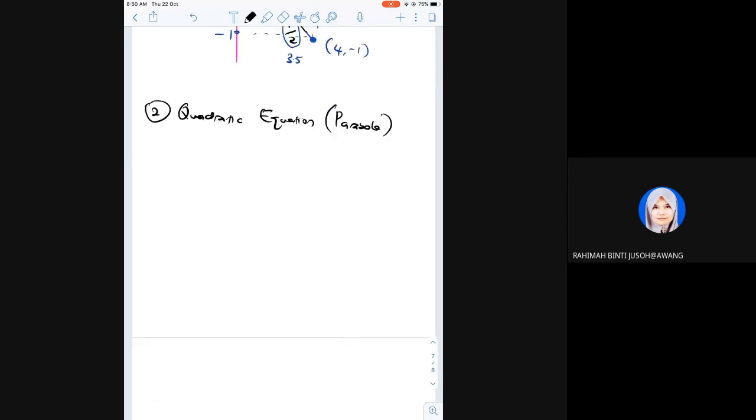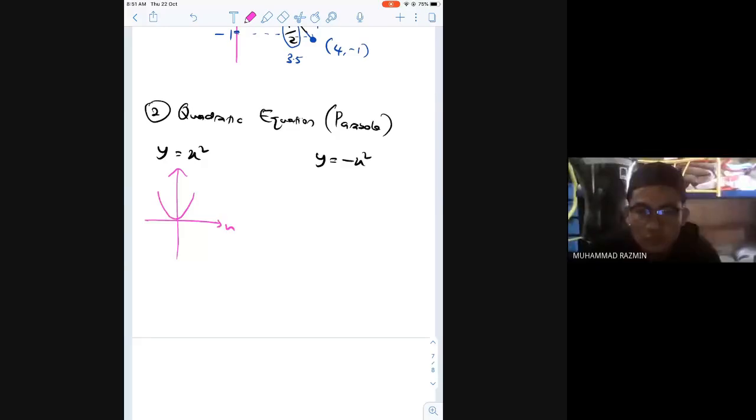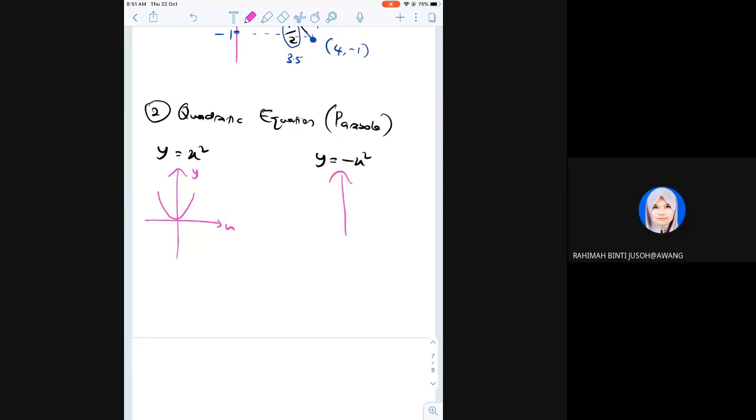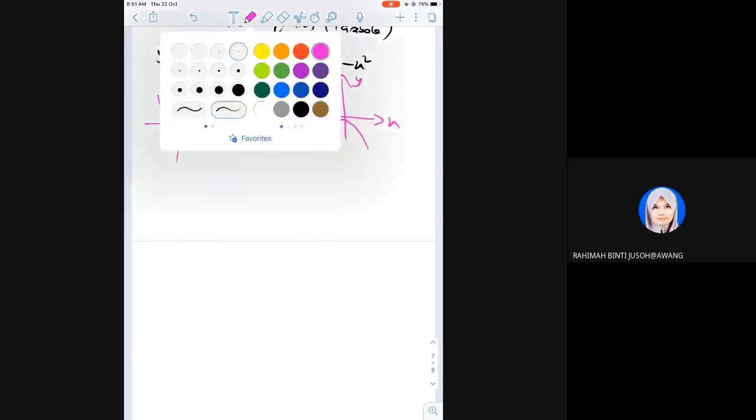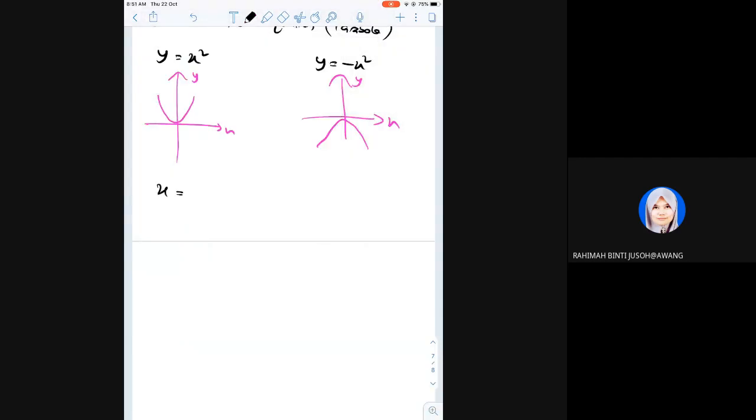Alright, let's recall what we already learned in secondary school. We have y equals x squared and then y equals negative x squared. You like this one. If y equals x squared positive it becomes a smile, right? Yeah. This is y. If negative it becomes a frown. Like this, right? x, y.